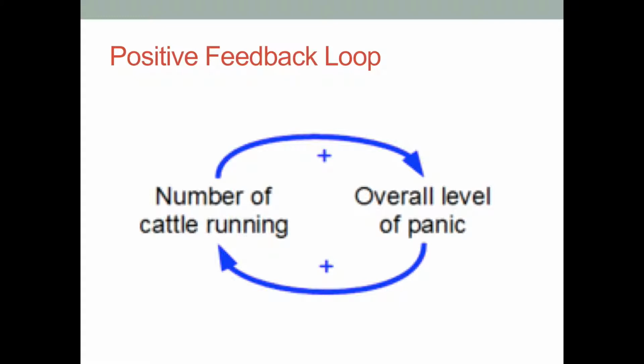Clotting is referred to as a positive feedback loop, which means when one thing happens, it encourages more things to happen. So this is an example of like a cattle stampede. Let's say you decided to go cow tipping, and you're supposed to do that at night because cows are sleeping. So if you went in the day and you found a cow and you tipped it over, it's going to freak out and it's going to start running.